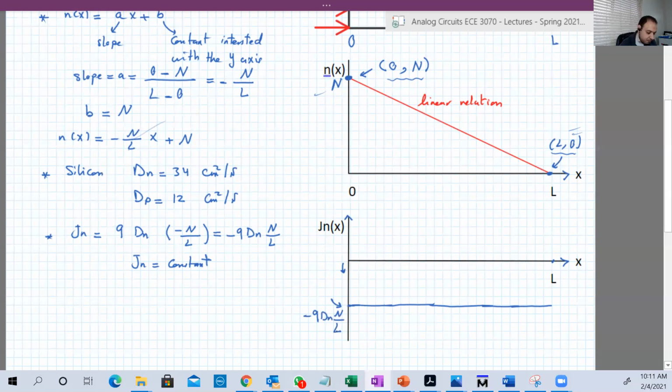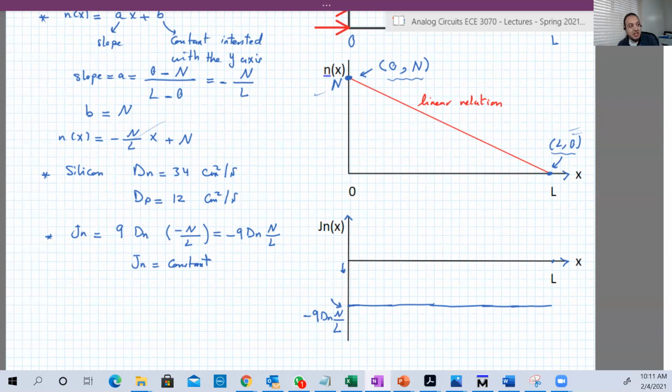Okay? So this is basically a very good example to illustrate more the diffusion phenomenon and the diffusion current. One last observation here is that, again, Dn is greater than Dp. This is 34, this is 12. This is almost 3 times bigger. Just like the case of mu n and mu p.